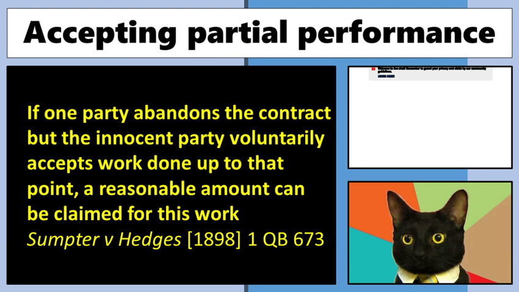But make note that this accepting of partial performance is a remedy in equity. The other side has to go to court in order to claim this remedy, and it's wholly up to the discretion of the court as to what that reasonable amount is. So those earlier things, the de minimis rule and the doctrine of substantial performance, you don't have to go anywhere near a court.